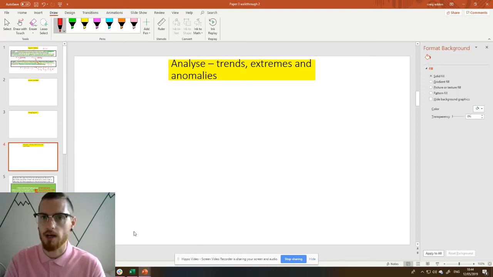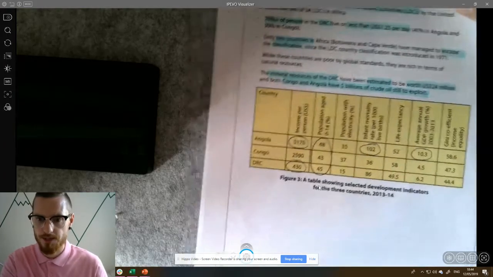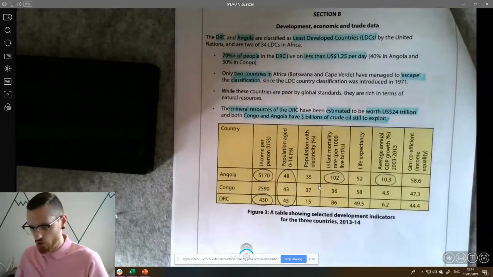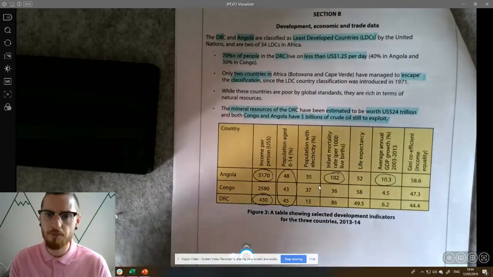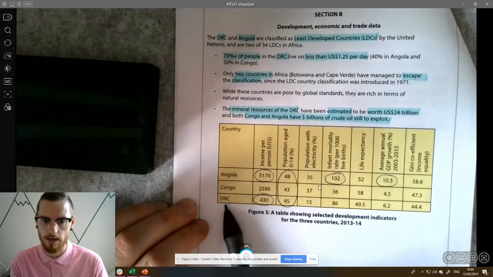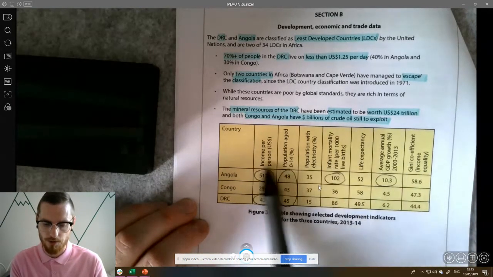Let's go back to the visualizer. So this is from the SAMs here, and it gives the students information on 3 African countries. We've got Angola, Congo, and the DRC, Democratic Republic of Congo. And I've been given some development indicators across the top here.